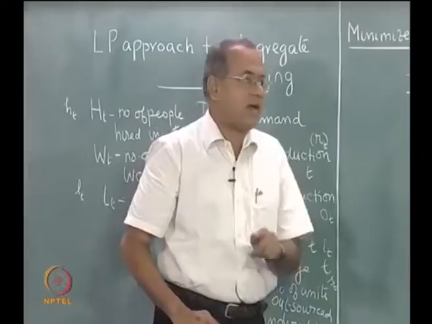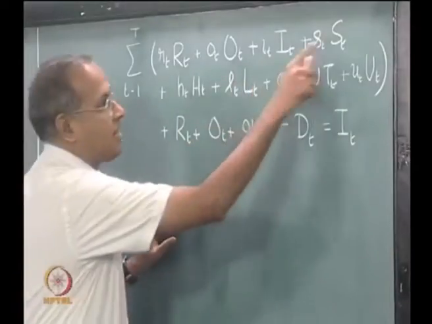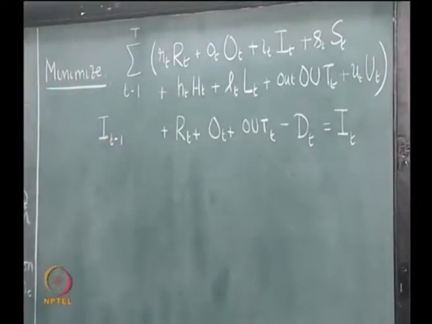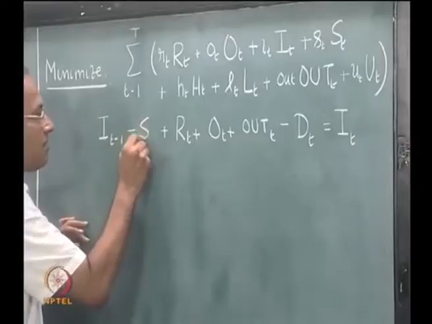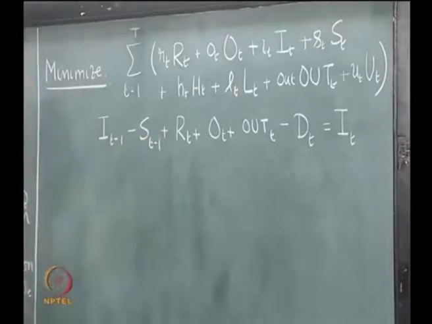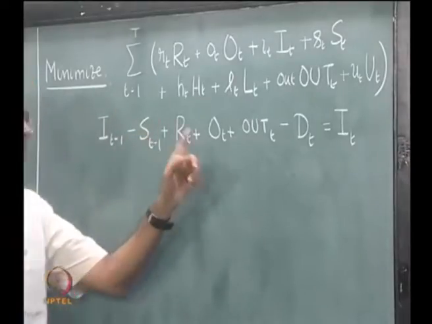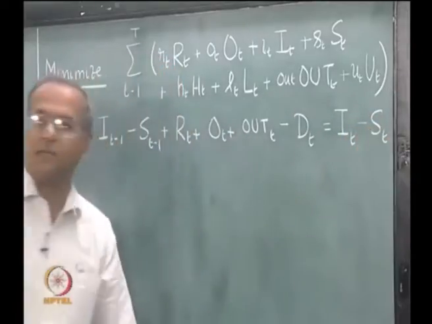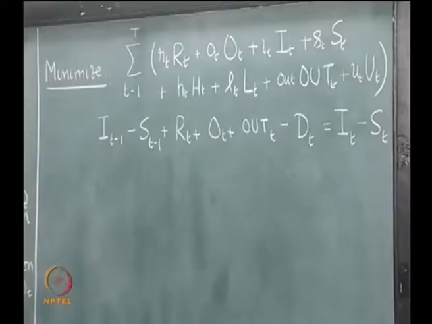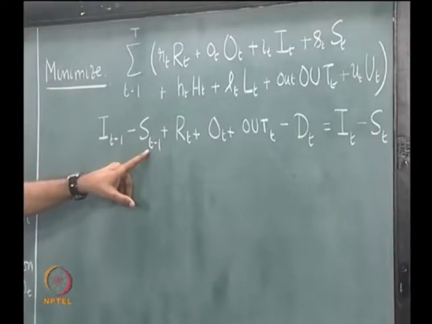Plus we also have different costs for inventory and shortage. Therefore, it is to our advantage if we now start representing this as IT minus 1 minus ST minus 1 plus RT plus OT plus out of T minus DT is equal to IT minus ST. So, if the beginning inventory is positive, we will have a positive value for IT minus 1, and ST minus 1 will be 0.